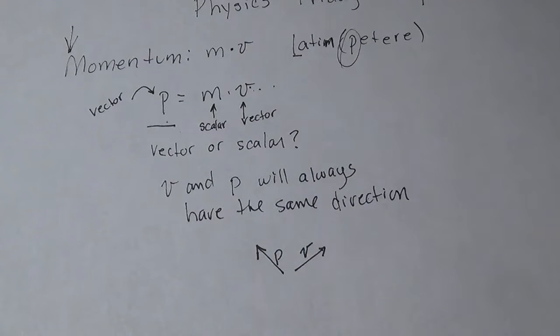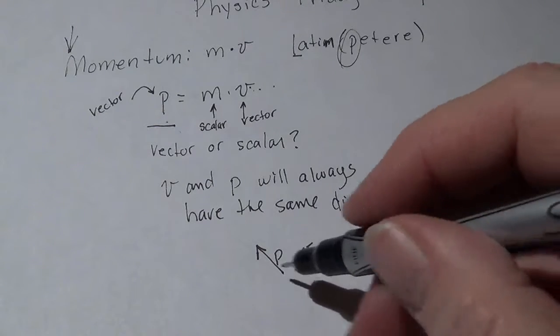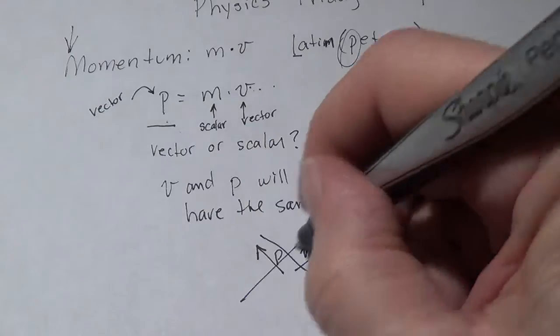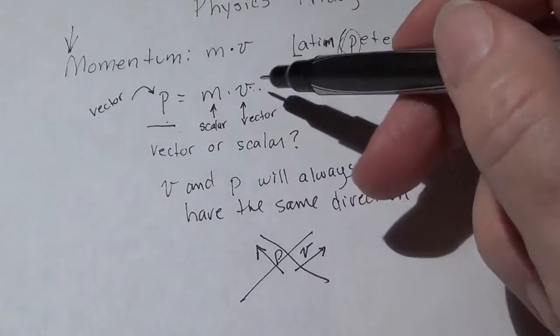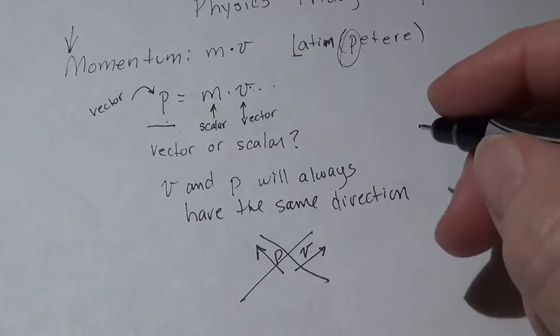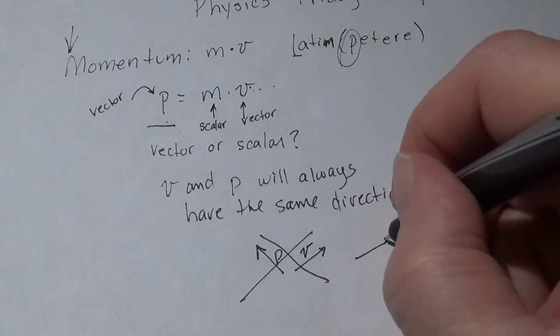Could that ever be possible in the same action? And the answer is no, that's not possible, because momentum and velocity vectors are going to be in the same direction. So could it be like this?